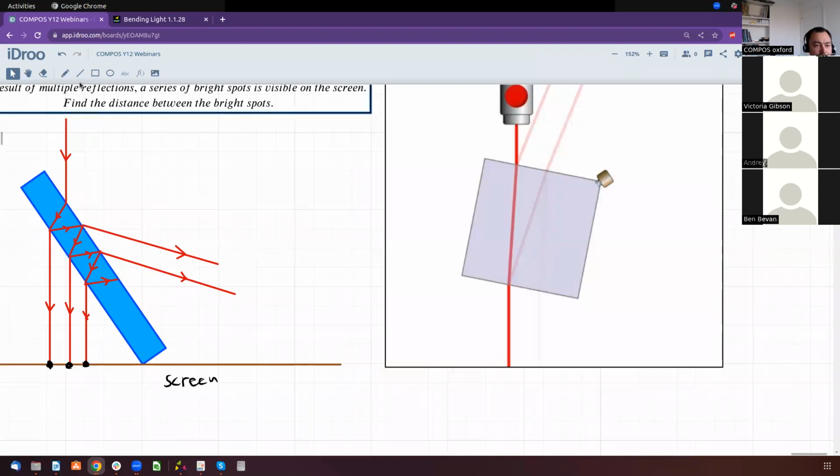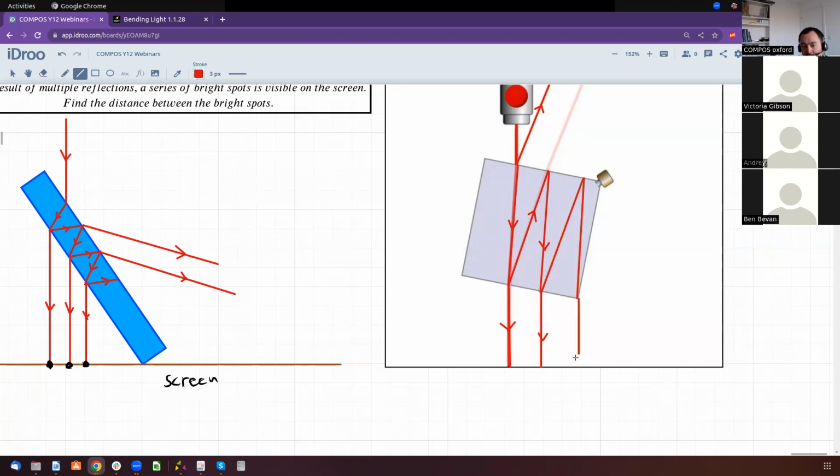Ray of light, traveling like this. Some of it is reflected. Some of it goes through. Then some of it is reflected again. Then reflected again, and it goes through. And then here, this would be reflected again, and go straight through. Etc. Okay.